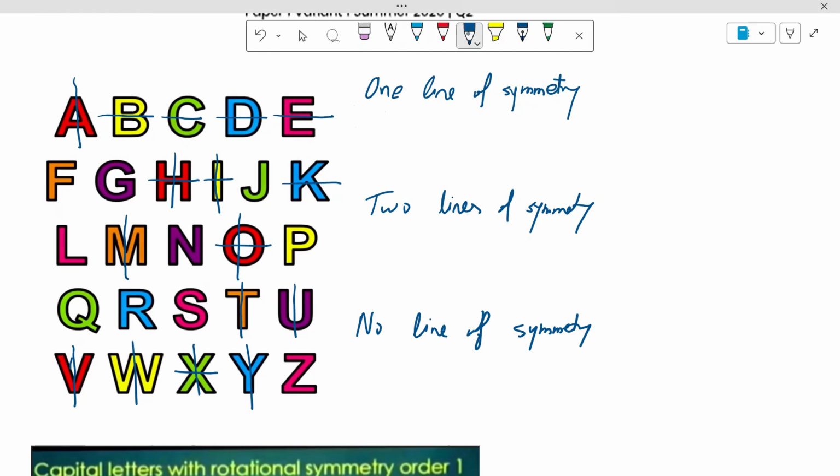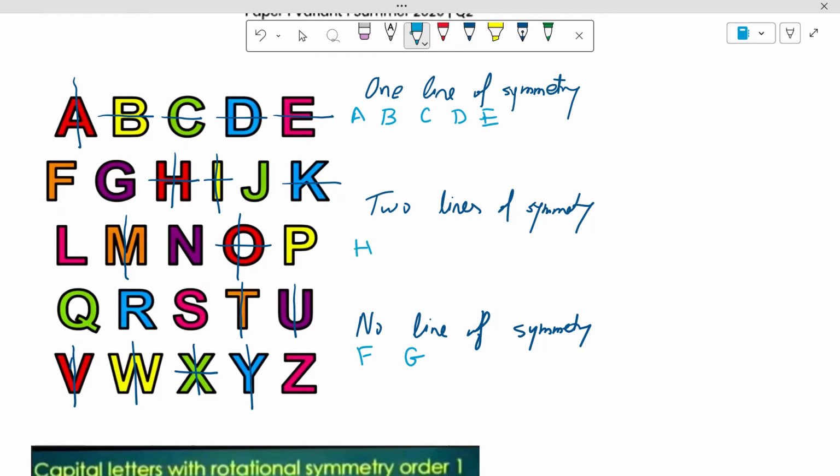Let's sort out the English alphabets according to their line of symmetries. A, B, C, D, E, F. Check out F comes in no line of symmetry. G also comes in no line of symmetry.